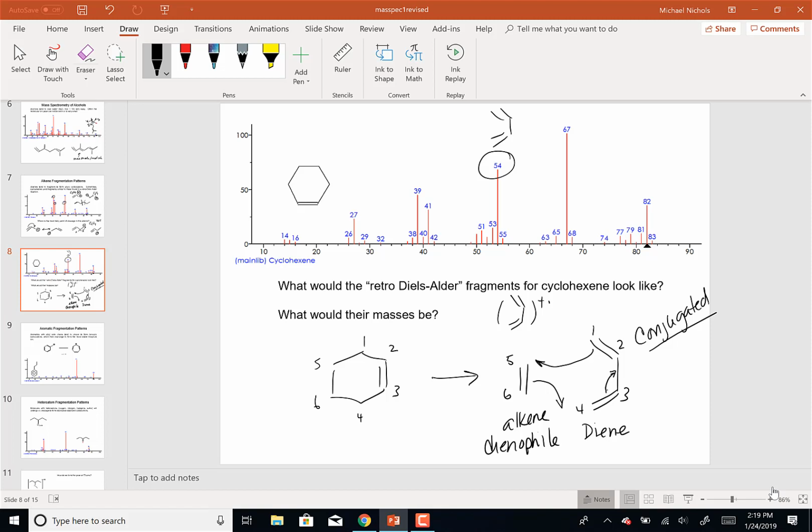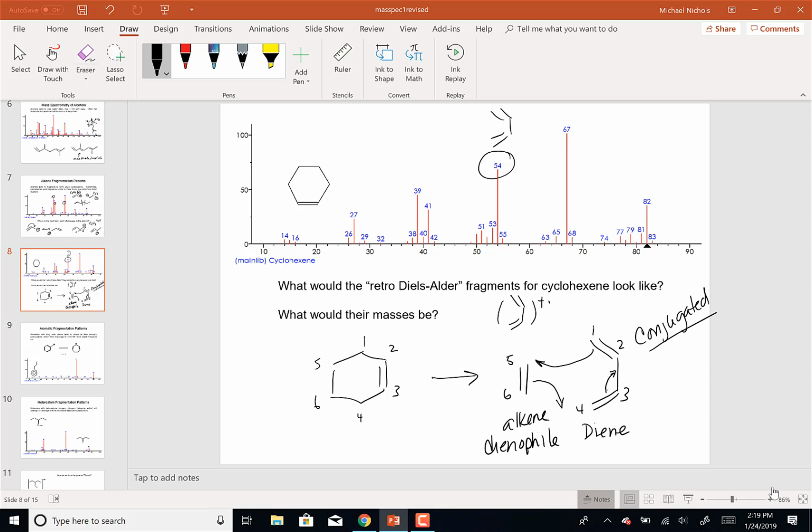So that fragment actually is going to be lost as a neutral, and you don't see formation of that cation at all. That's just how it must be. So that can happen as well. You might say, how do you lose 15 out of this molecule? Because we're going from 60 here to 82 to 67. So somehow it lost the CH3.